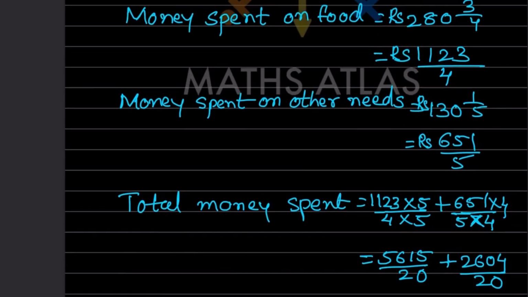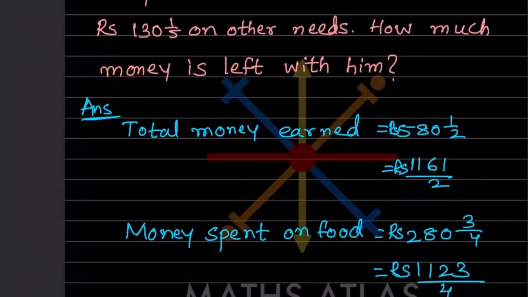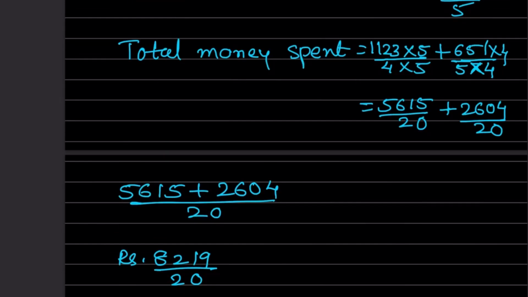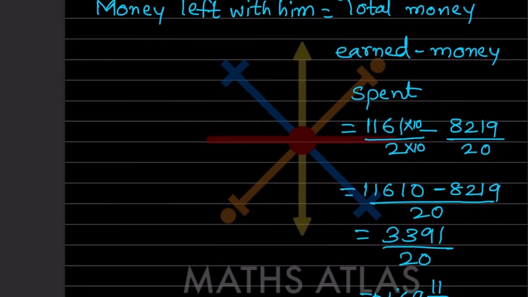So what did they ask? Money left with him. Total money earned is 1161 divided by 2, and this is the money spent, isn't it? So you are going to subtract it. Now here this is 2 and here was 20, so again you have to take the LCM and make the denominator the same.